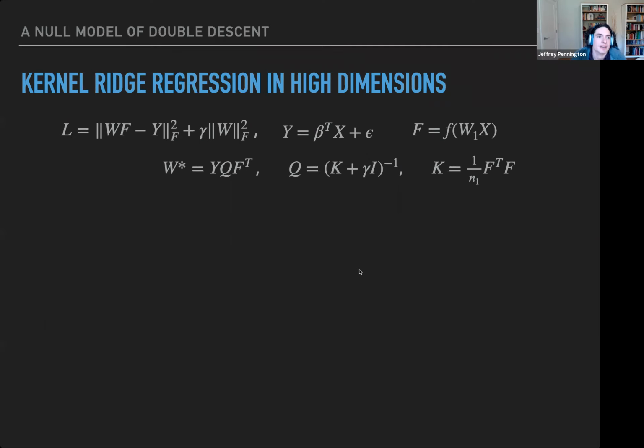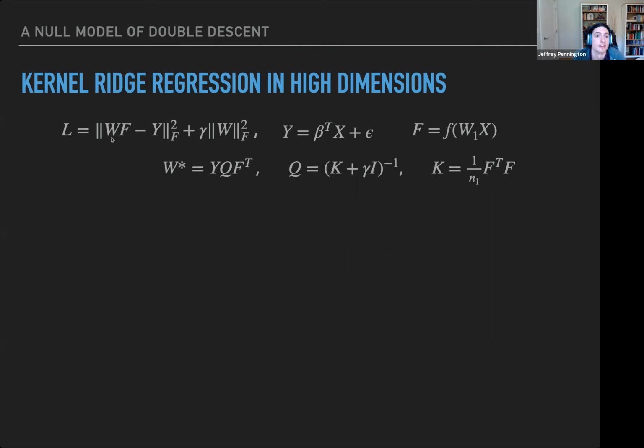So here I've written the objective function L for the problem as a function of the trainable learnable parameters W. So it's a quadratic function of W. W1 here are the random feature embedding weights, this random matrix, which we regard as being fixed for each instantiation of the problem. And then therefore F is fixed.